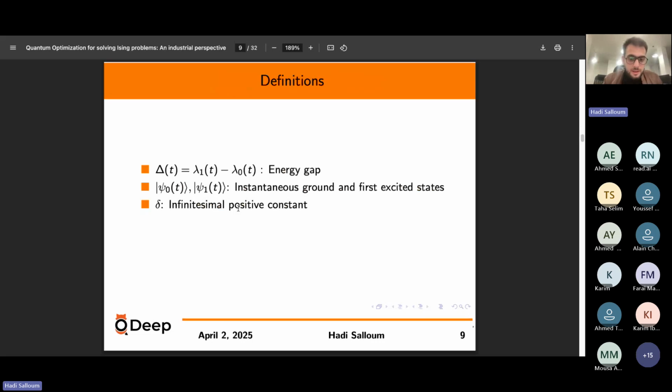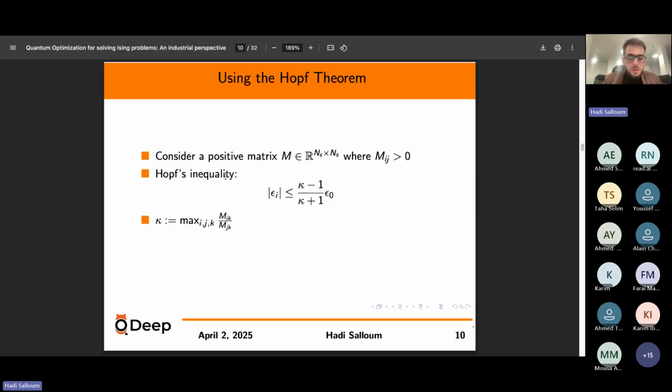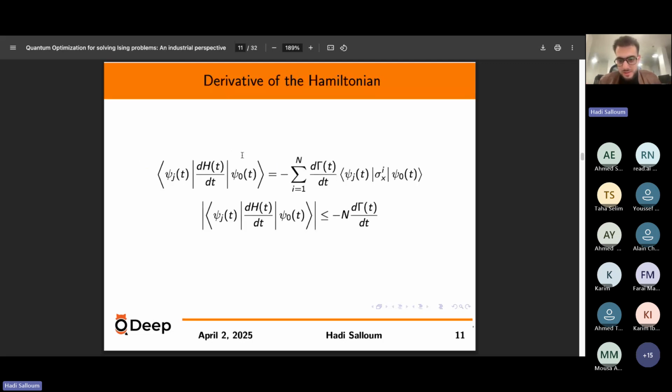So here we define the energy gap. This is delta, as I said, and here psi 0 and psi 1 are the ground and first excited states, because we need the first two states. We will use something called Hopf's theorem, which is related to understanding the relation between eigenvalues, so we don't need to go deeper into this.